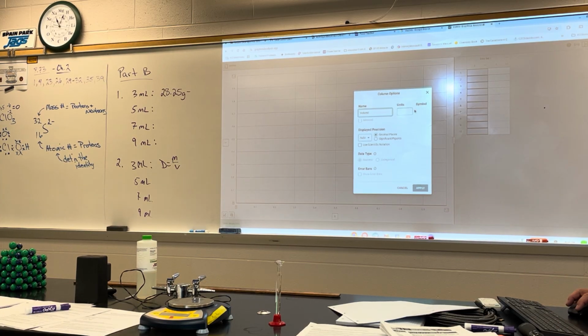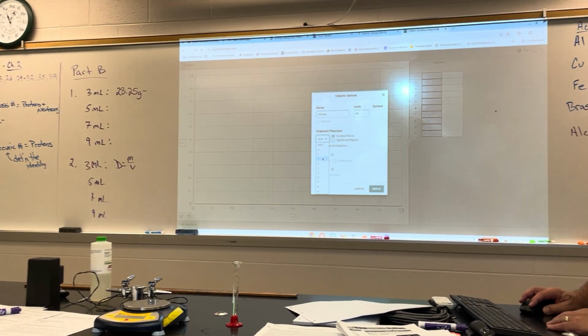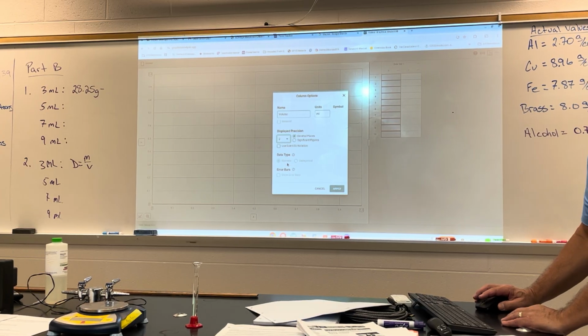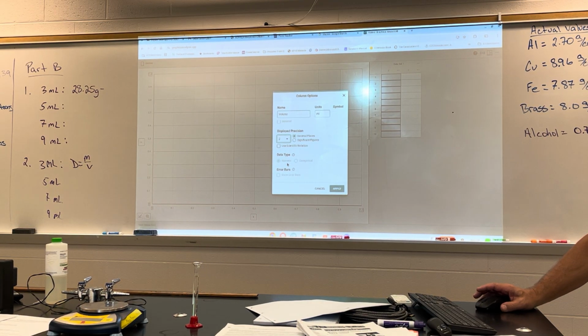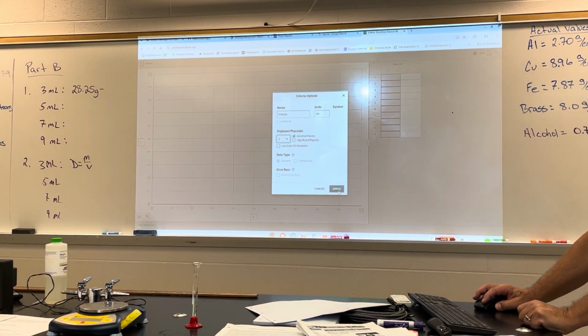Okay? And what units is volume in? Milliliters, so type in mL. And then we had 2 decimal places. Everybody with me? Then hit apply.